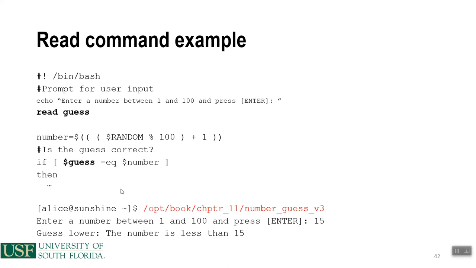Again, if it's higher or if it's lower, it'll print out an appropriate response. So there is the script that we're running, and the user will get a prompt saying enter a number between 1 and 100 and press enter. You can type in 15, and then the script will pop out, guess lower, the number is lower than 15.